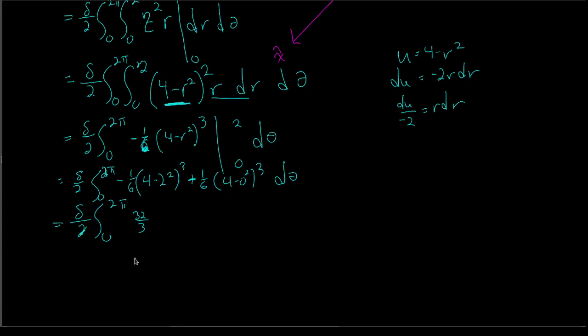I canceled a 2 in there somewhere because 32 thirds is the number I want. Oh, yeah, cancel the 2. That becomes 16 thirds d theta. Knew I was missing a canceling of a 2 there. Yeah, 16 thirds is what I want. And so 16 delta over 3, 0 to 2 pi d theta. That's 2 pi, or 32 pi delta over 3.